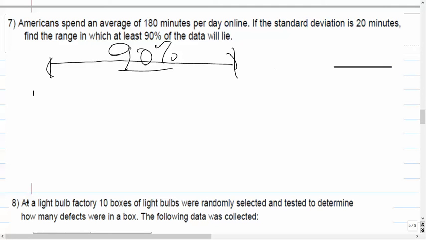That is, 1 minus 1 over k squared has to be equal to 0.9 because I want 90% of my data to be in that interval. Now, if I solve for k, 1 minus 0.9 is equal to 1 over k squared.